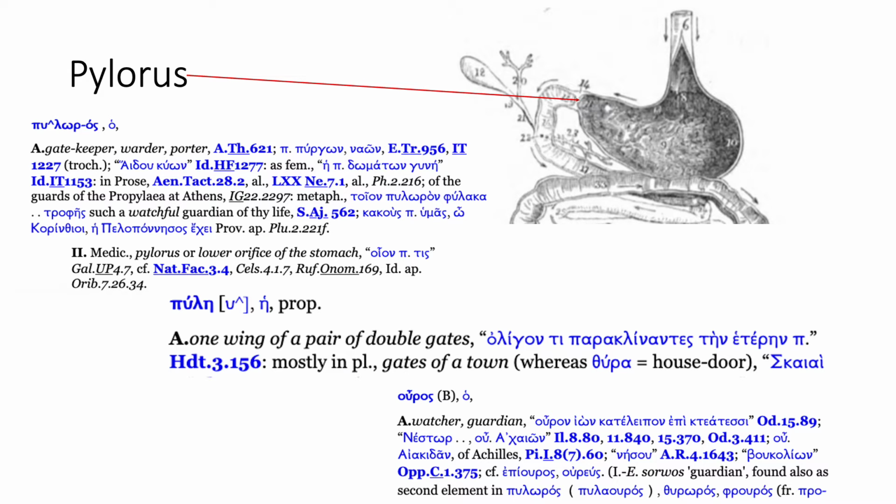So the pylorus is a watcher of the gate, which is what the pylorus actually is between the stomach and the duodenum. And that term occurred in Galen a long time ago. He was a physician to the emperor Marcus Aurelius in the 2nd century AD.